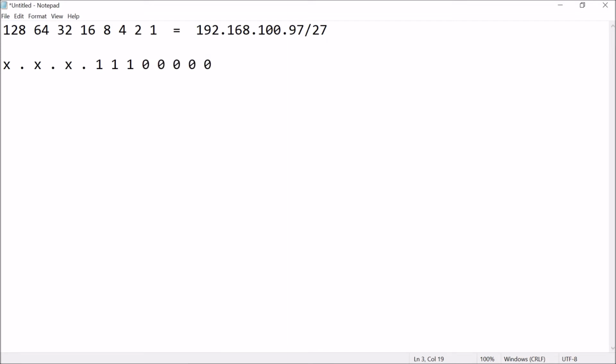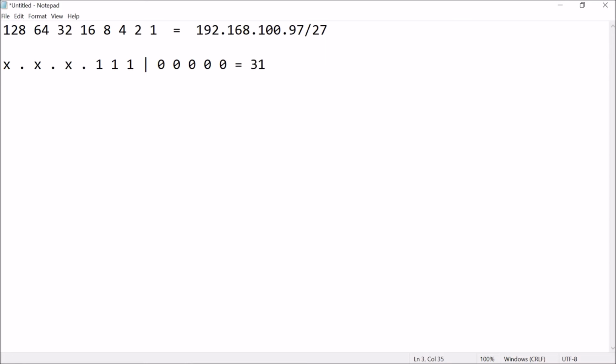And here's where we will draw again the imaginary line. And what we need to do, like what we have done during the first example, is add all of these bits. So this is 1, 2, 4, 8, 16, that's 31.